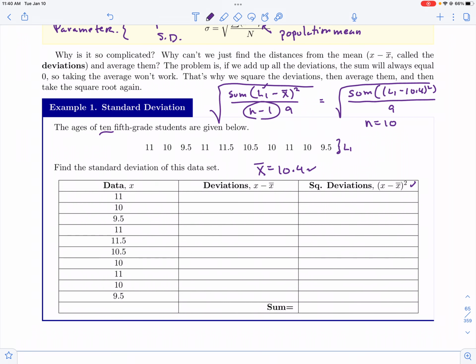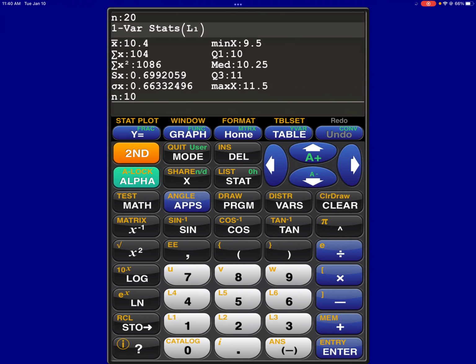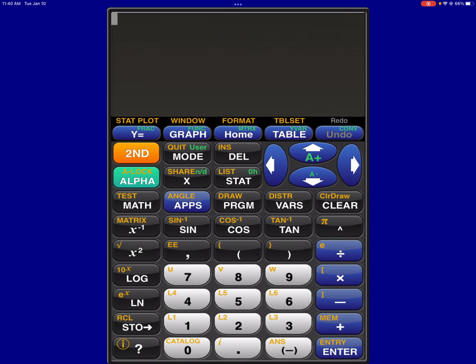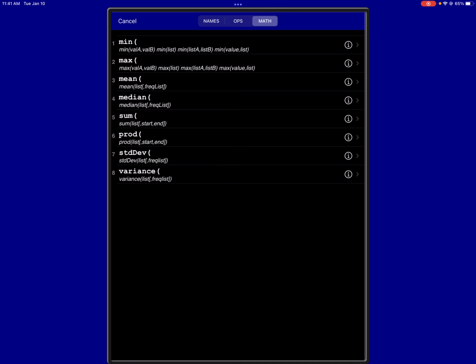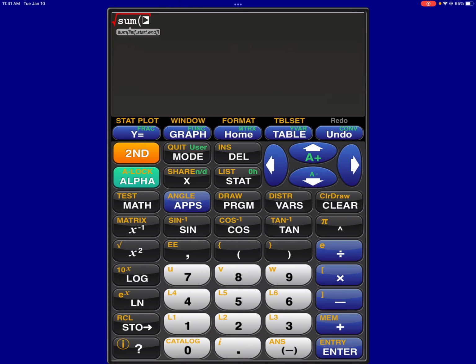All right, let's go to the calculator. The first thing we want to do is our square root, so we press second x squared. Now to find our sum command, we have to go to where the second stat is, which is our list option. If we hit second stat and go into list mode, then over to math, on mine it's number 5, we can see sum is one of our options.